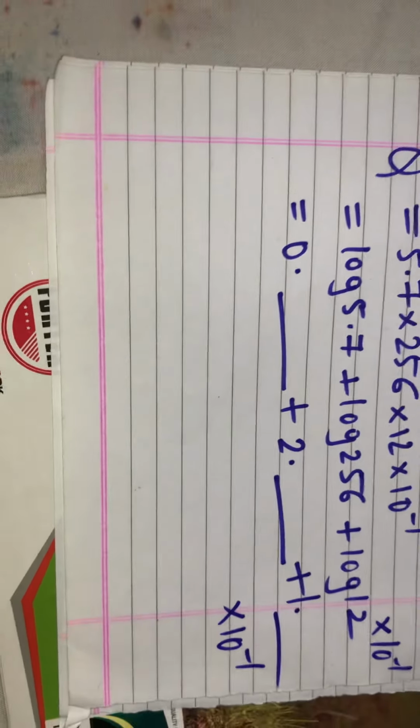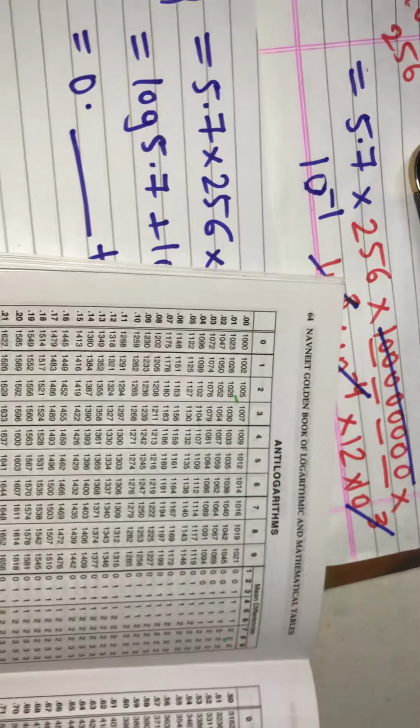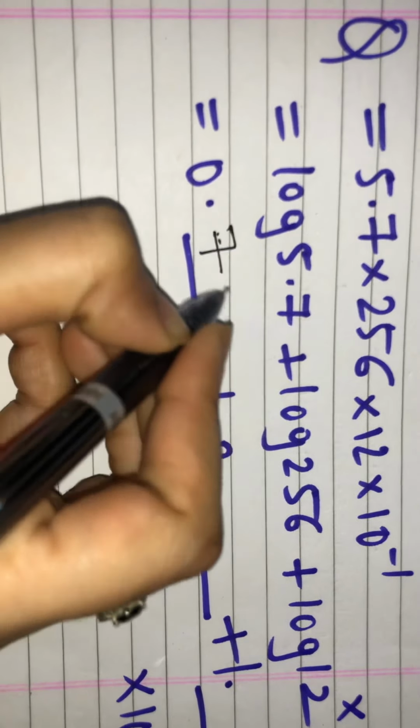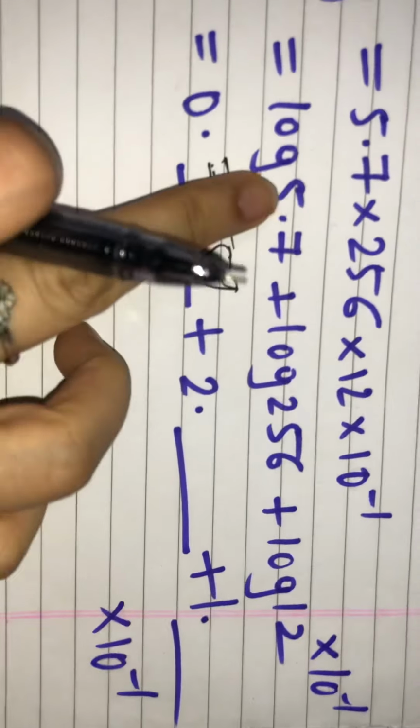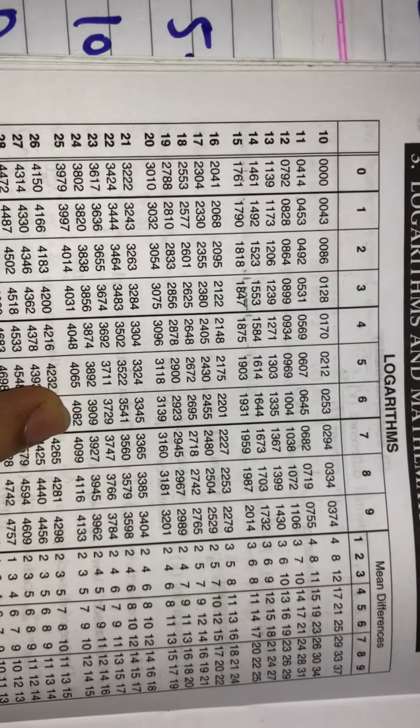Okay, now let's see the log. Log for 57, it is 7559. So let me write it there. 7559 for 57, with characteristic 0. Now here we look at the log of 25 6th digit.